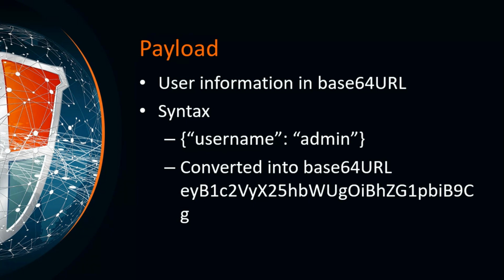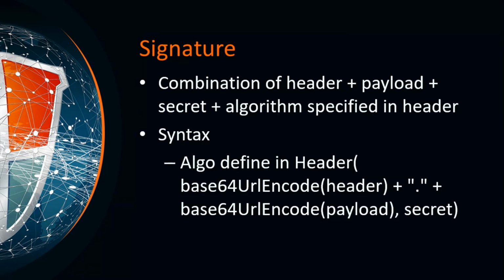Now let's talk about the payload. The payload is used to store the user's data or user's information in Base64 URL. As you can see in the syntax, I have passed the username and admin and converted it into Base64 URL. Now let's understand signatures.